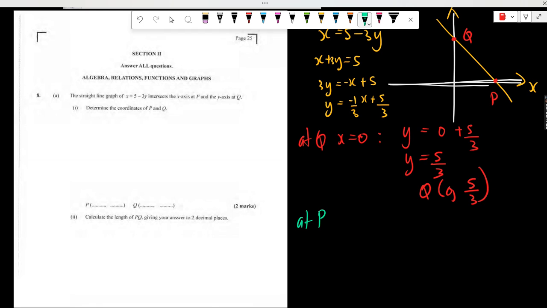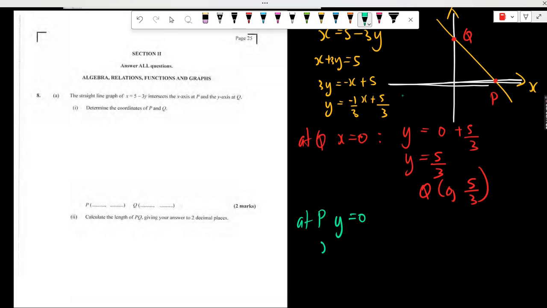I said it before. What do we know about the y points? Yeah, go ahead. Tell us that y is 0. Yes. At any point on the x-axis, y equals 0. So at P, y equals 0. So now we're going to set y equals 0 and solve for x.